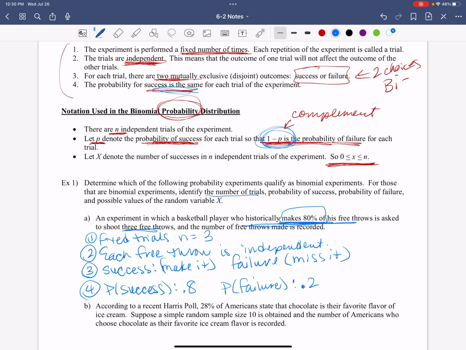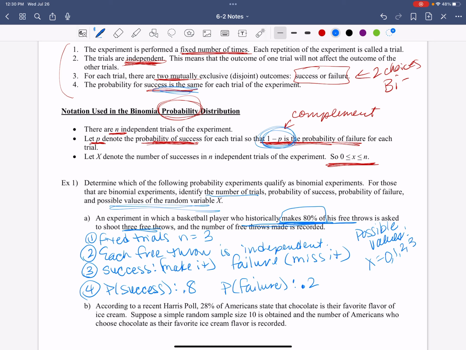And the last thing is, what are the possible values? I'll have to go over here to the side because I ran out of room. X is what? What are my options for these free throws? Like what could happen here? He could make 0 of them. He could make 1, 2, or all 3.